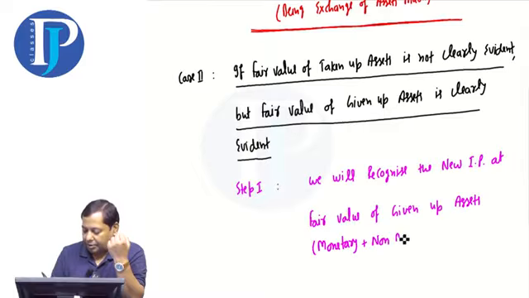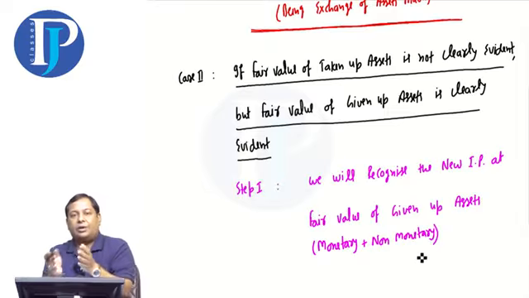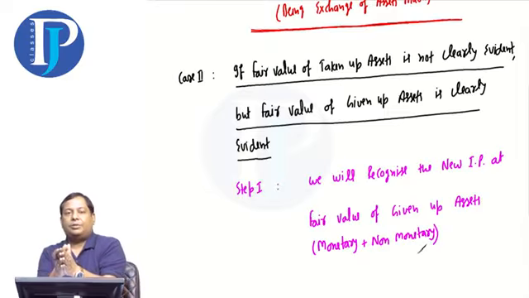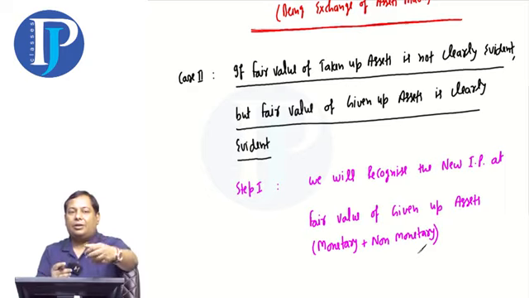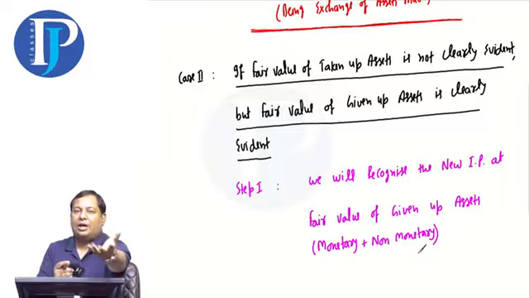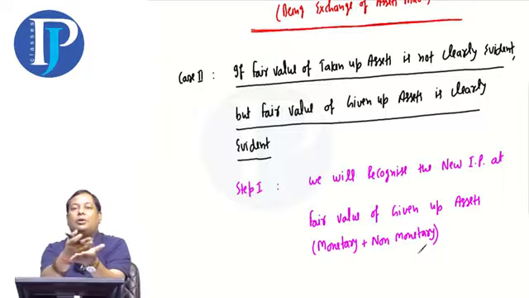Monetary plus non-monetary. If you have given any cash, that will also be added. I gave an asset worth 12 lakhs and 2 lakhs in cash, so I gave a total of 14 lakhs. This is the total fair value of my given up.